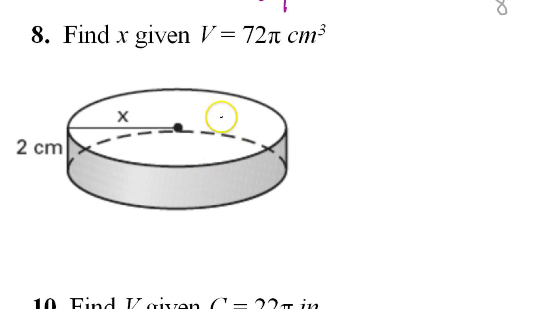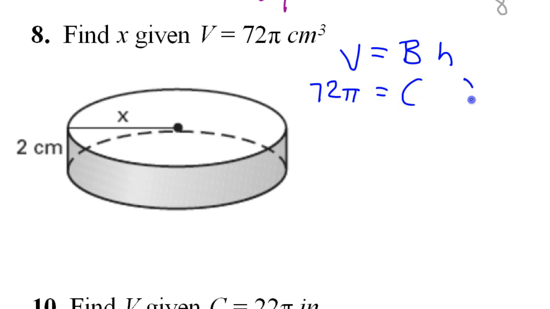Alright, for number 8, once again we are given the volume. So let's start off by writing the volume formula. The volume of a cylinder is the area of the base times the height. So we're given the volume, so that means 72 pi should equal the area of the base times the height.